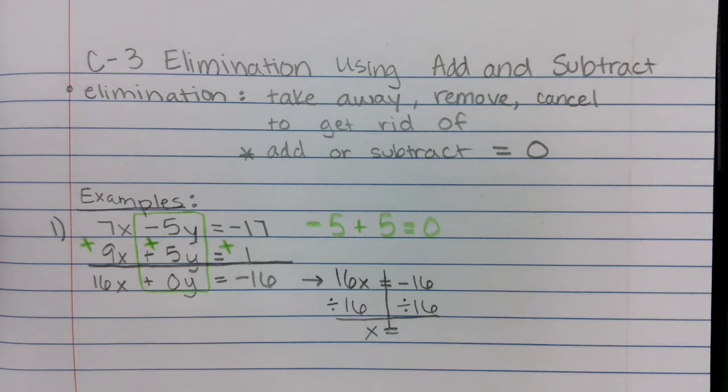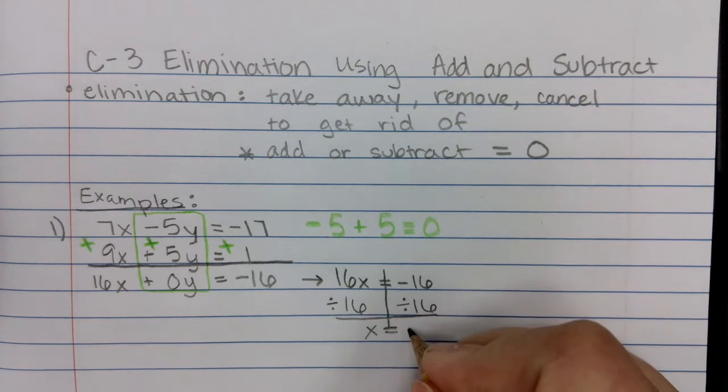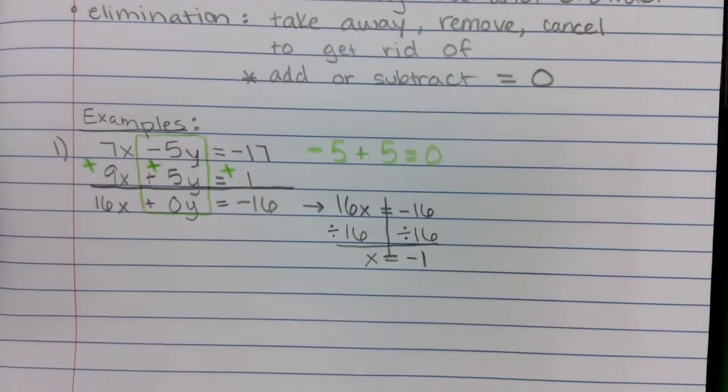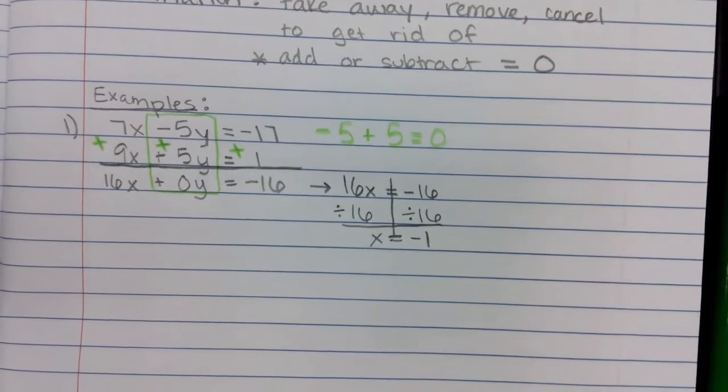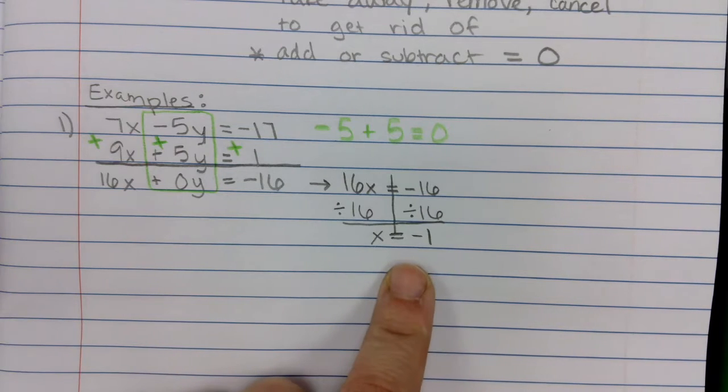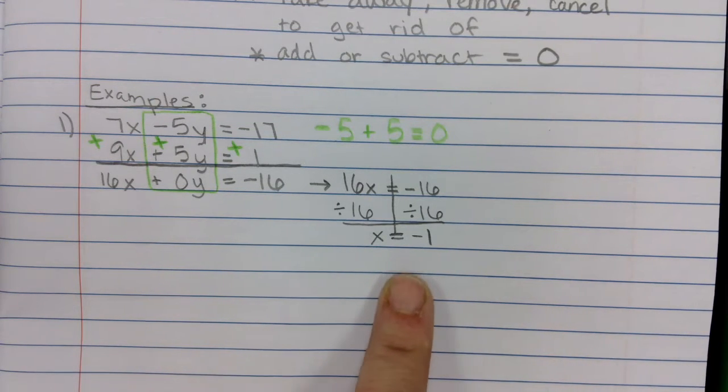Is that our final answer for this problem? Nope. Remember, we need both an x and a y. So now we have to find a y. And to do that, we're going to go back and substitute, which we've done a lot, but we just need to substitute for one equation. So we need to pick one of these equations to work with.